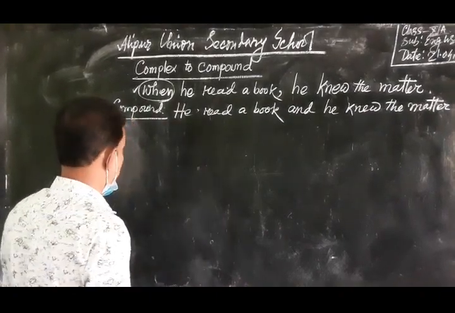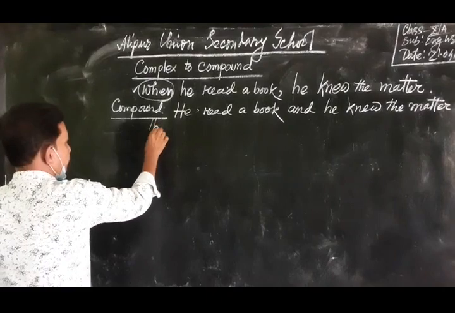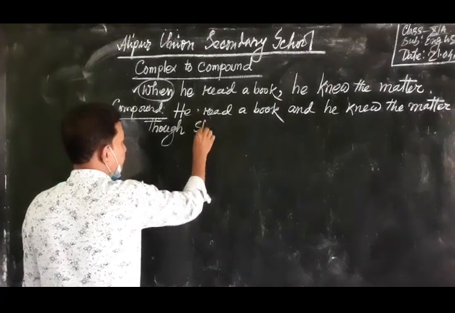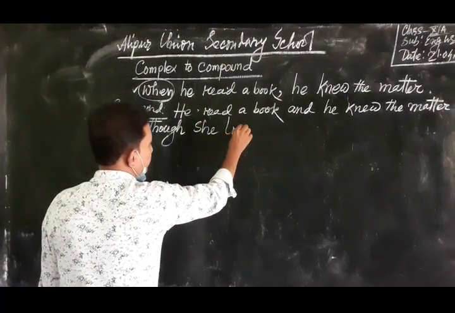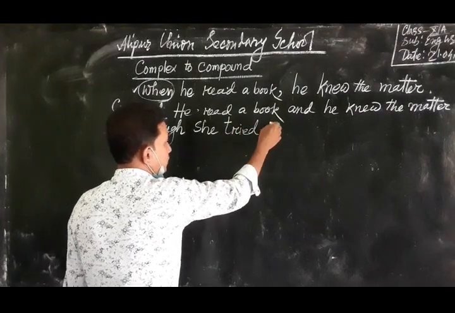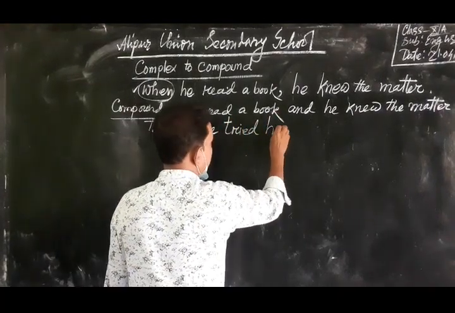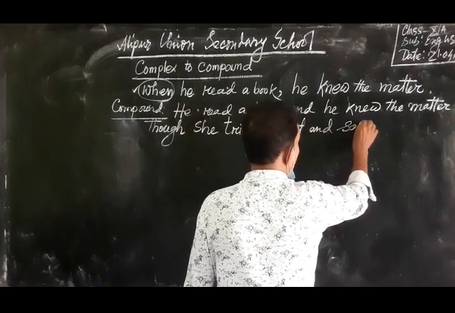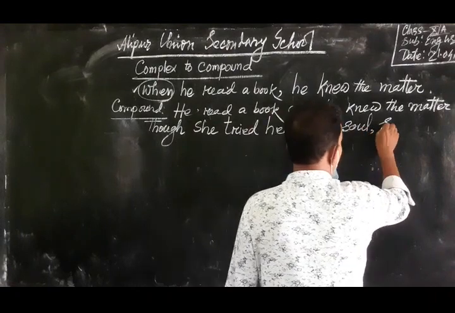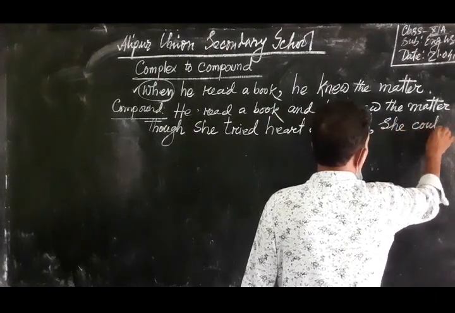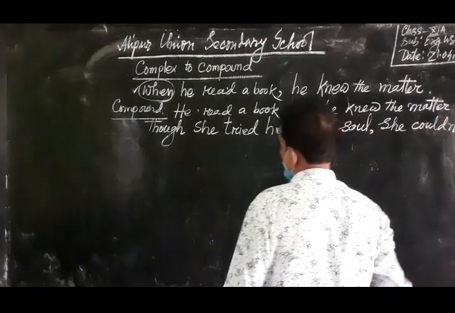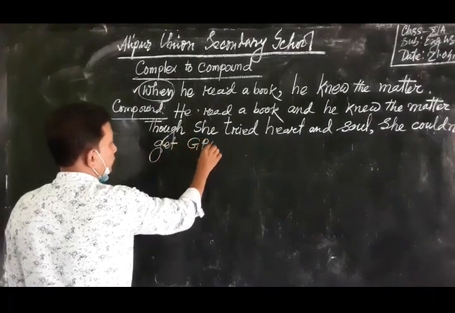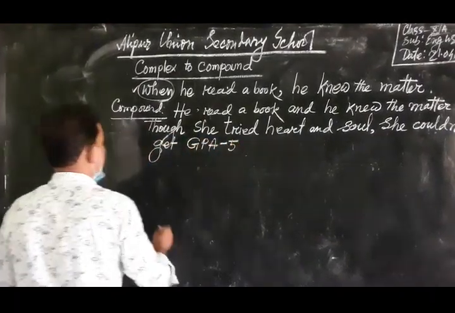another type of complex sentence, such as: though she tried hard and soul, she could not get GPA 5.